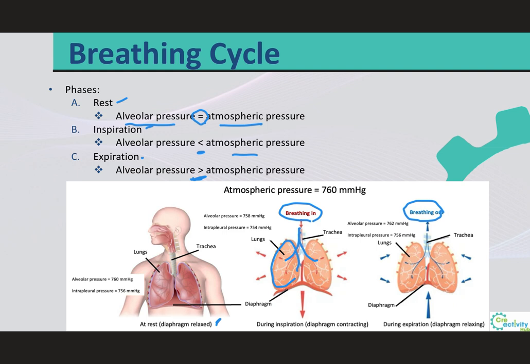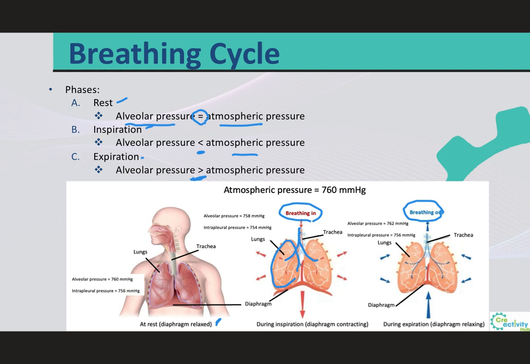Instead, the expiration results from the elastic recoil of the chest wall and lungs because they do have elastic fibers. So this means that the chest wall and the lungs both have this natural tendency to basically spring back after they have been stretched.